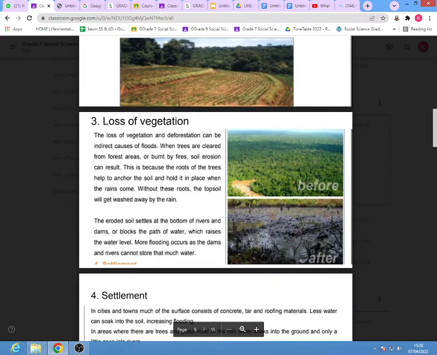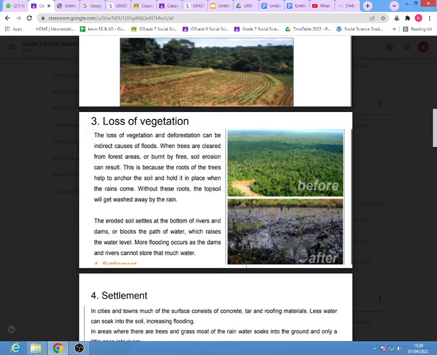The third cause of flooding is loss of vegetation. Remember, the vegetation is there to hold the soil and also to prevent water overflowing, right? So the loss of vegetation and deforestation can indirectly cause floods. When trees are cleared from forest areas or burned by fires, soil erosion can result.